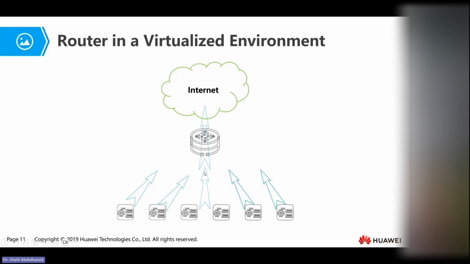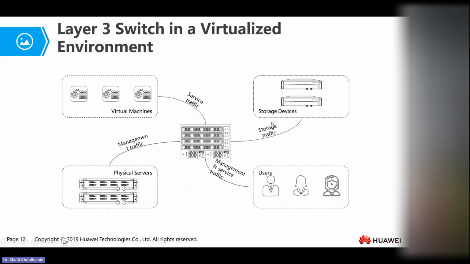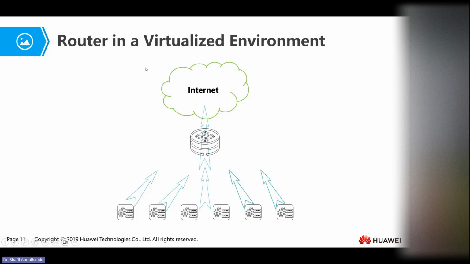This is exactly what we call the north-south traffic that we explained previously. And of course, we cannot emphasize more that the virtual machine always needs to have a virtual NIC, which sends traffic to the switch, and before that to the router, and then the router will simply send this traffic to the outside network. The same thing happens when this traffic is coming back from the outside network.